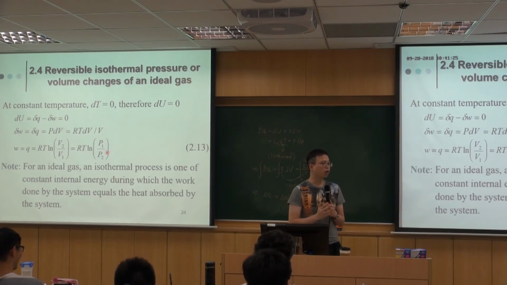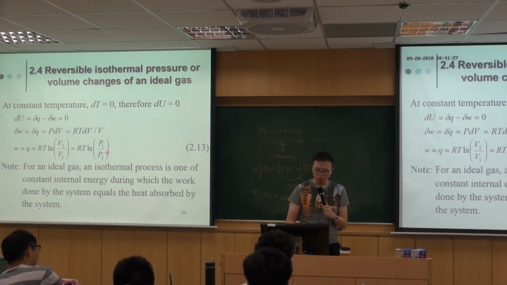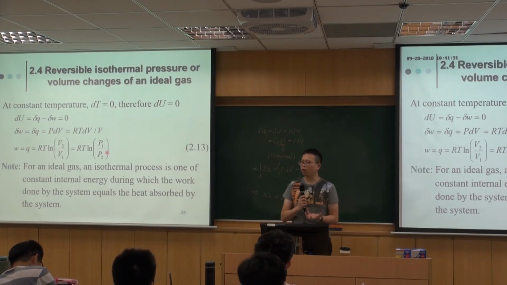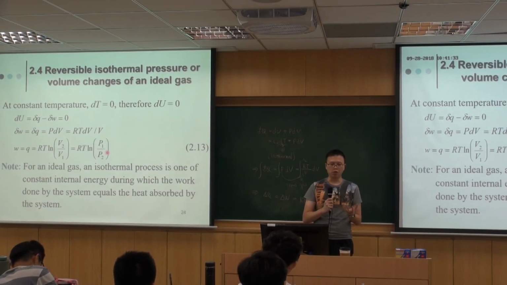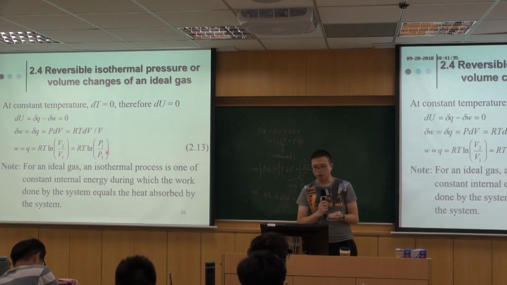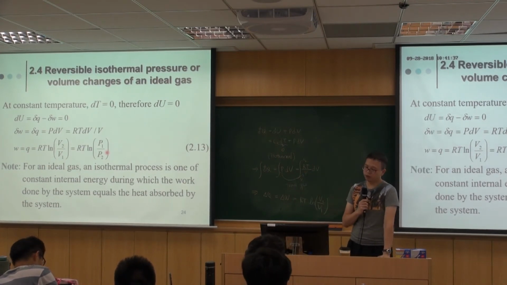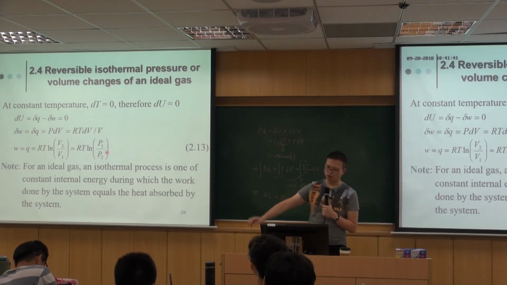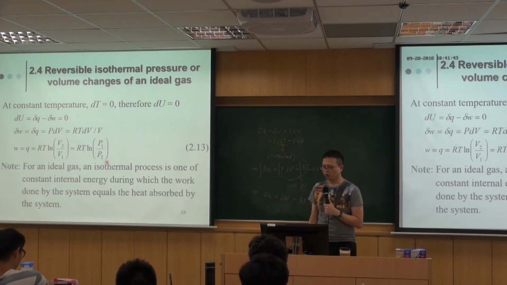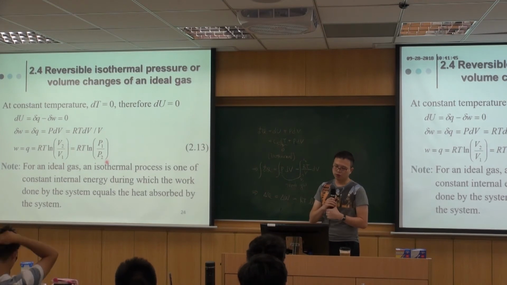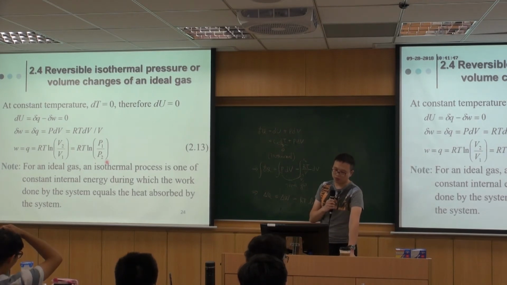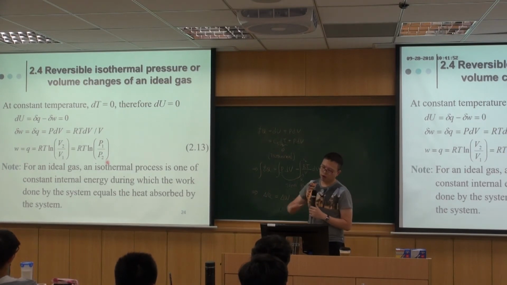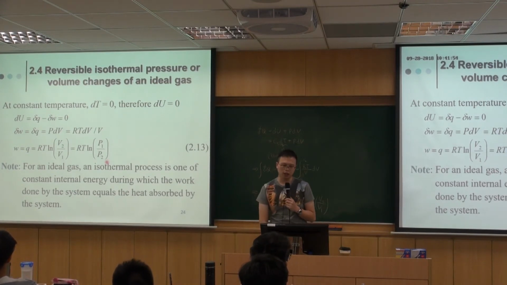So it depends on what the problem tells you. If it tells you the change of volume, then you use the volume change as your variables. But if you're dealing with pressure, then you use pressure as your variables. So it depends on what the problem tells you and what you want to do. And the note here is what I already mentioned.